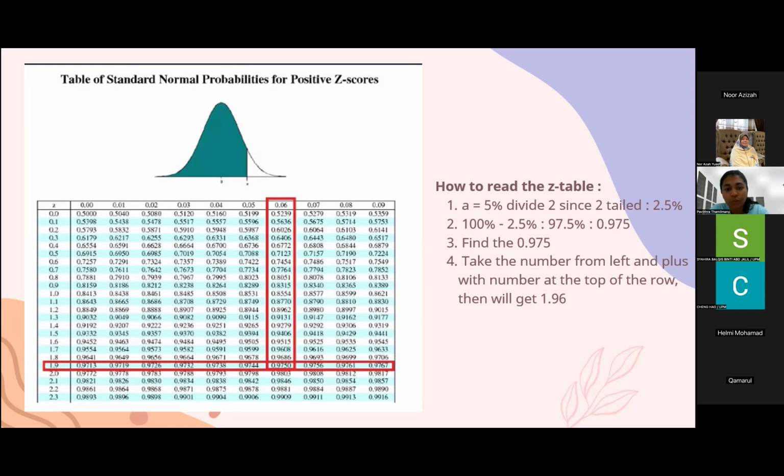So we need to find 0.9750 in the Z table. From the left side is 1.9, and from the top side is 0.06. So we sum up 1.9 plus 0.06, and we get the Z value of 1.96.